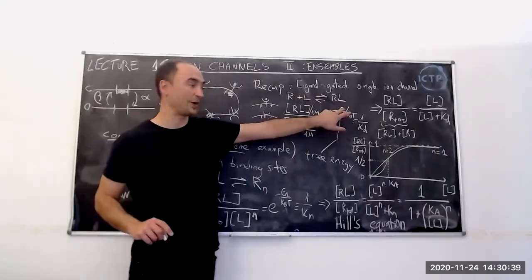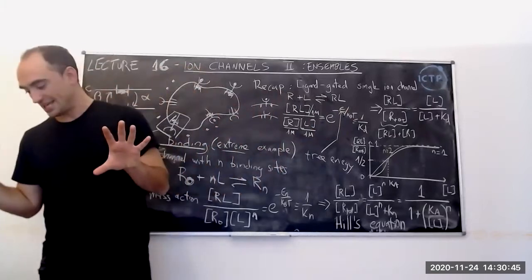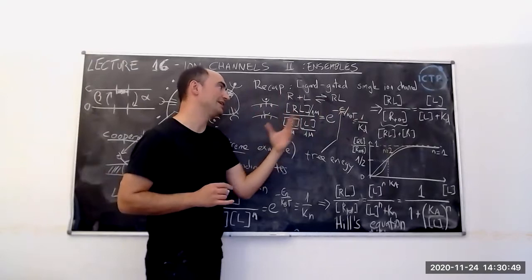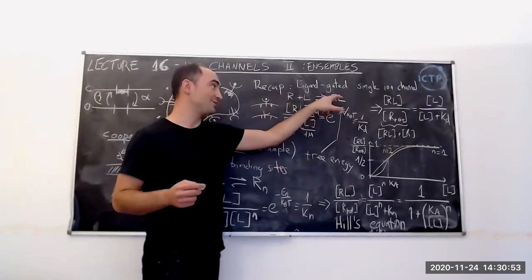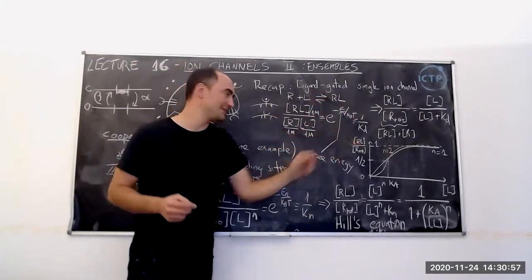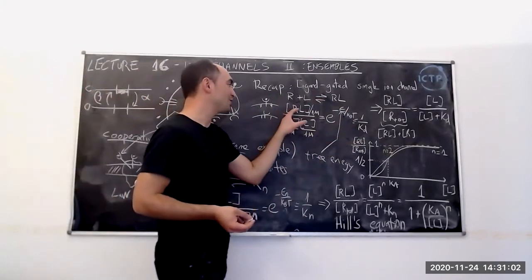When you are in equilibrium, the concentrations obey this rule. So when the free energy is very negative, this is very probable, so it's more likely this than this. And vice versa.